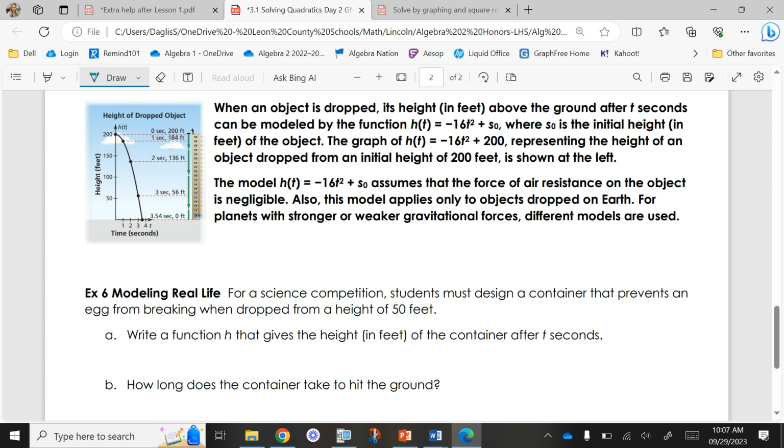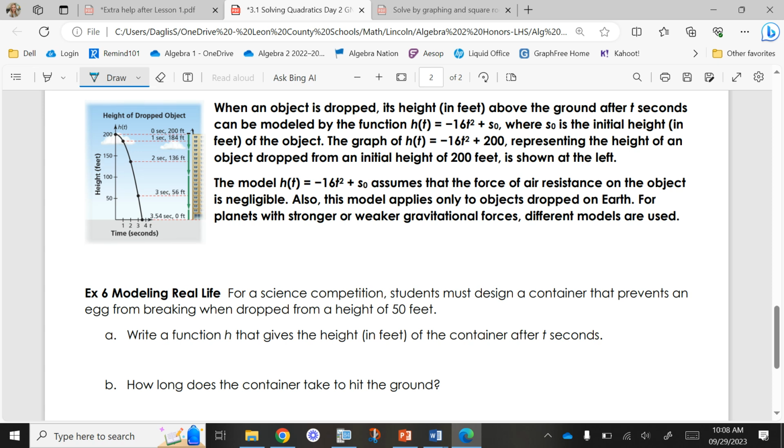The graph of h of t equals negative 16 t squared plus 200 would represent the height of an object being dropped from 200 feet up in the air, and that's what's being shown on the left. This assumes that the force of air resistance on the object is negligible. This model also only applies to objects dropped on Earth because different planets have different gravitational pulls.